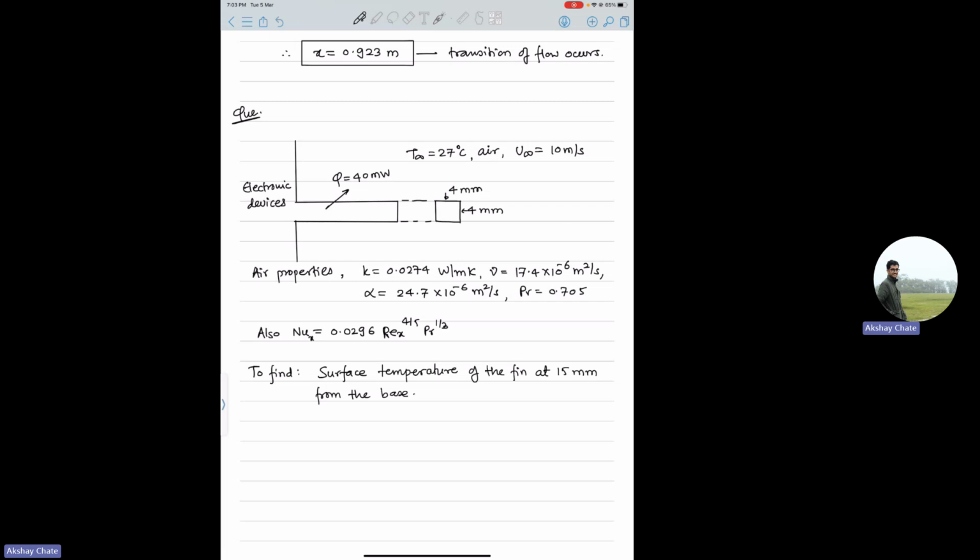So this total length they have not given. They should give L, right? Otherwise, how will you calculate? One second. What is the value of L?